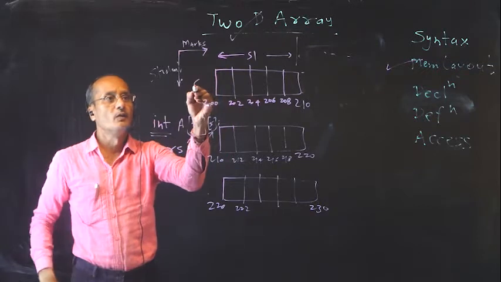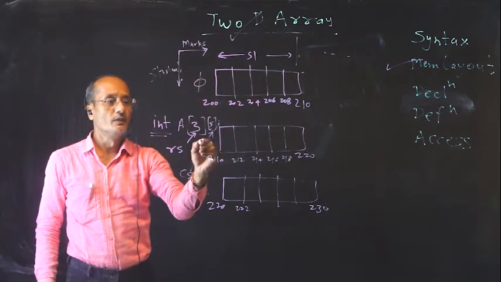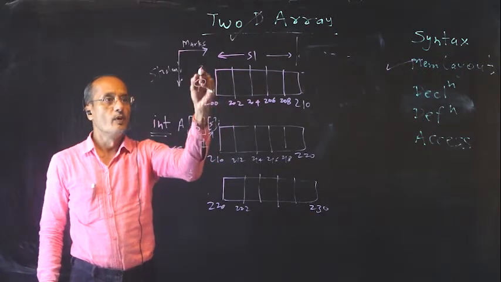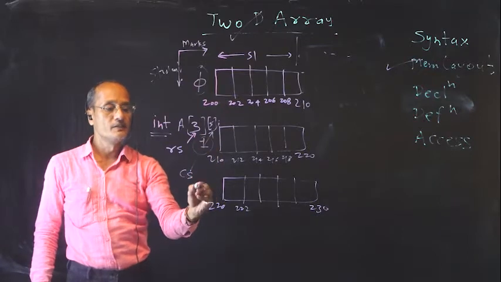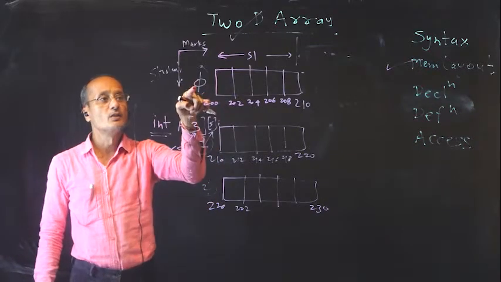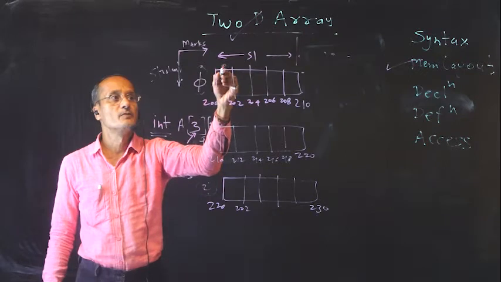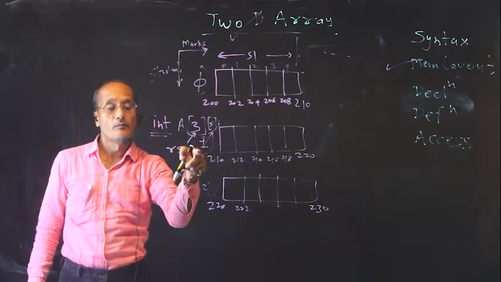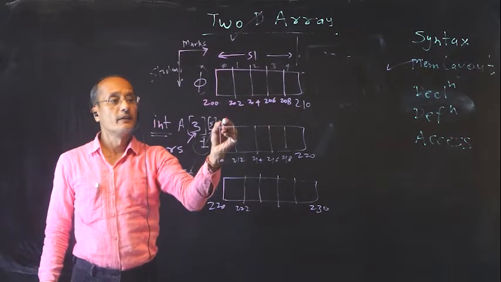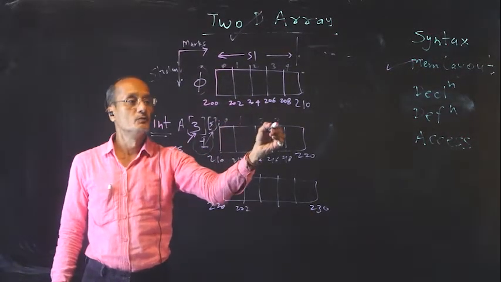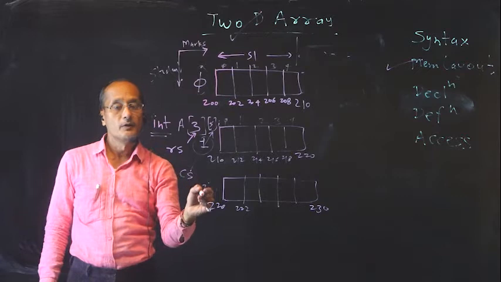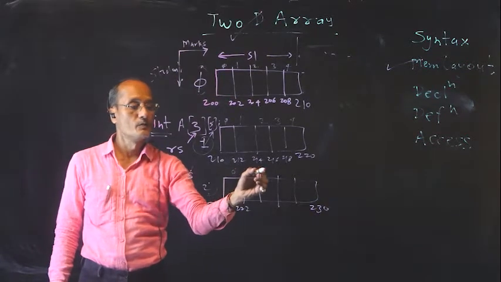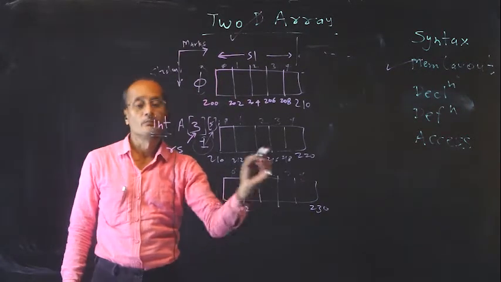So the row index here is 0, row index here is 1, row index here is 2. For this row, the column goes on varying from 0, 1, 2, 3, 4. For row 1, the columns again vary from 0, 1, 2, 3, 4. For this particular row, again the columns vary from 0, 1, 2, 3 and 4.